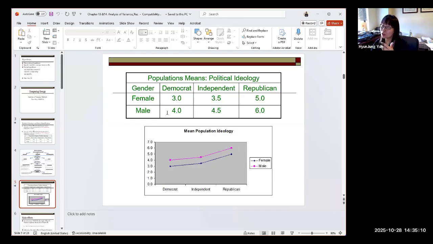And also, if we don't consider party but only look at female and male, male voters are more likely to be conservative than female. That has been our public opinion for the last several decades. So if we run one factor in a one-way ANOVA, that's what you're gonna find.